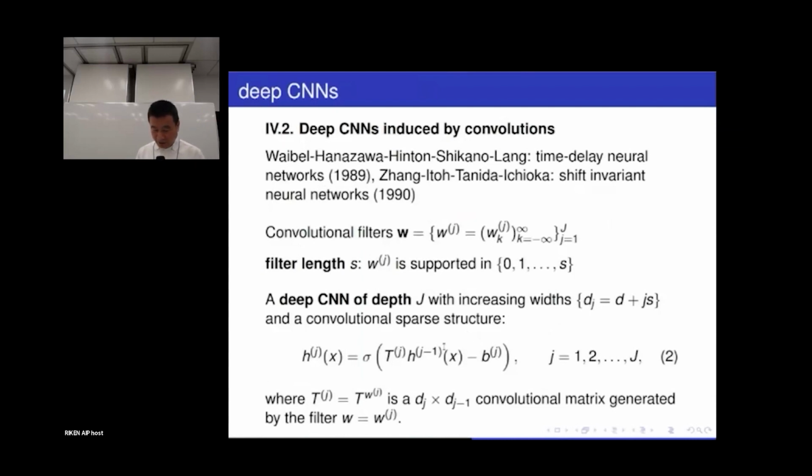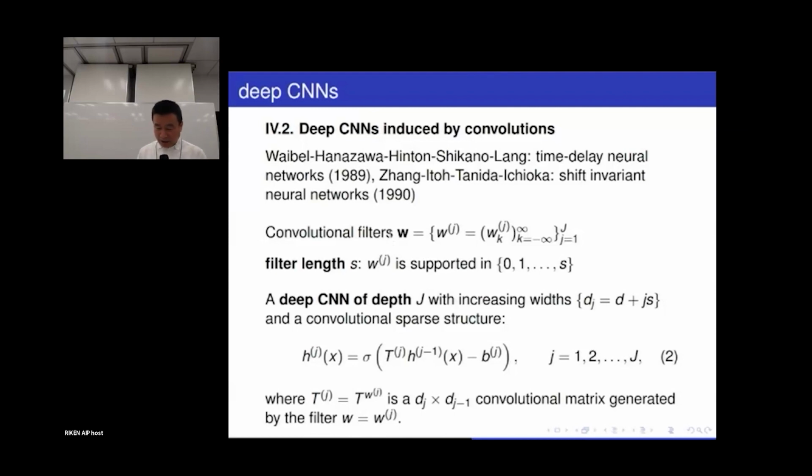Here is the definition of deep CNNs. When I wrote a review article for IEEE, I found that actually in 1989 and 1990, people had already introduced these types of CNNs many, many years ago.